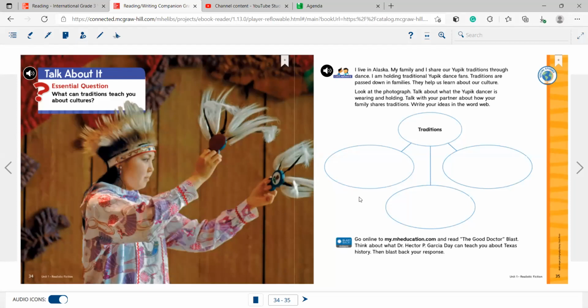Let's see what they asked you to do on page 35. The photograph. Talk about what they use.